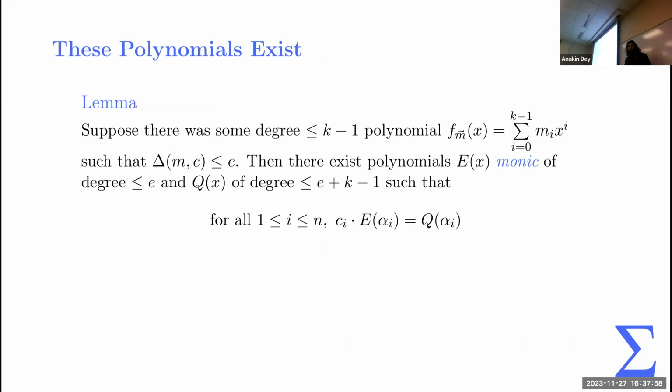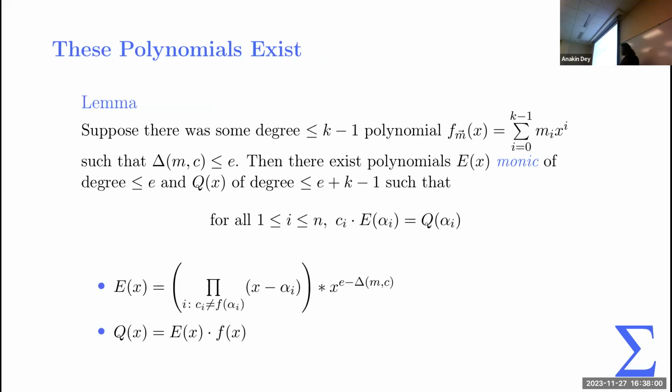Right, so why do these polynomials exist? I'm going to write them out for you. E is just this polynomial. Everything I've written down here exists, right? So the polynomial must exist. E exists and F exists by assumption, so their product must exist.